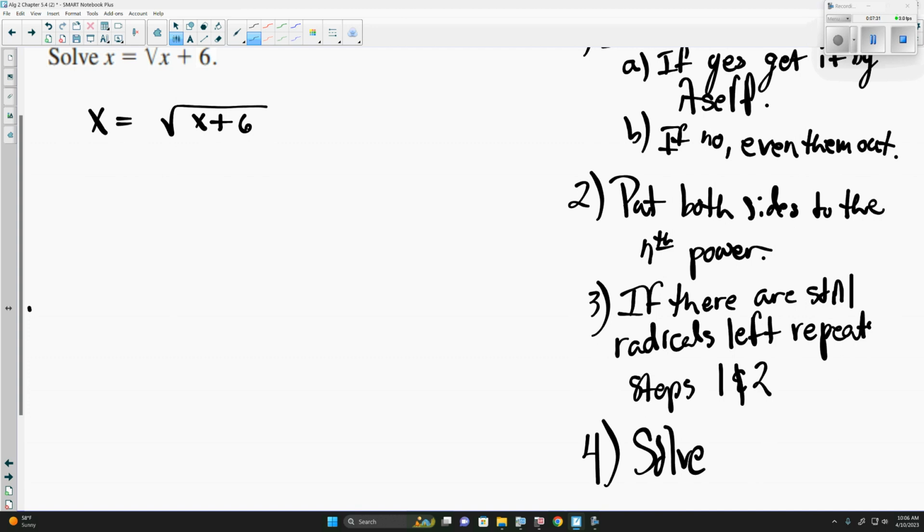Now, for the most part, we won't deal with too many, if any, that are going to require step number 3. But if we do still have radicals left, we will end up having to repeat steps 1 and 2. And it's not anything more difficult or challenging. We just have to repeat the steps and do them again.